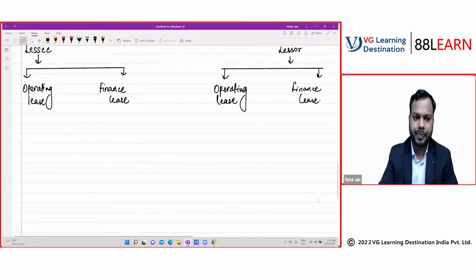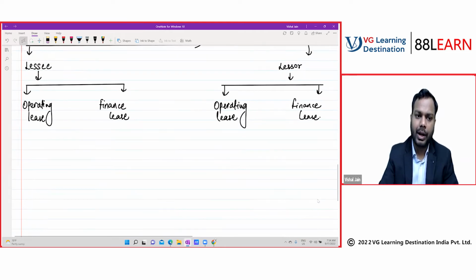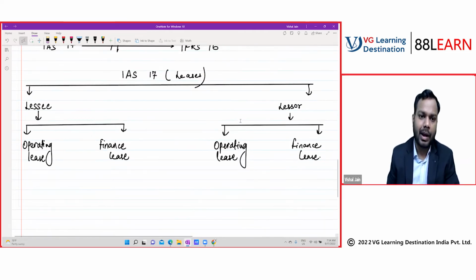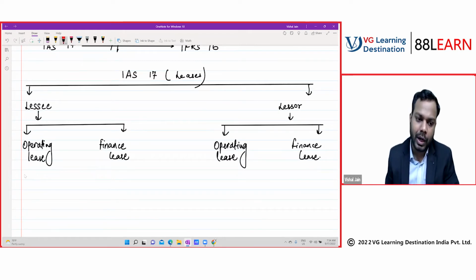Now, quickly discussing the accounting treatment as well, and I believe all of you are aware of it. Operating lease: what will the lessee do? It will record a rent expense. Please confirm, guys. For operating lease, the lessee will record a rent expense.